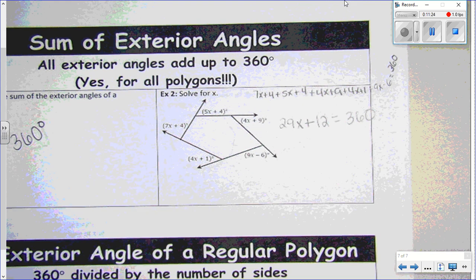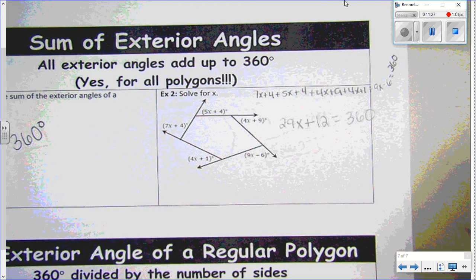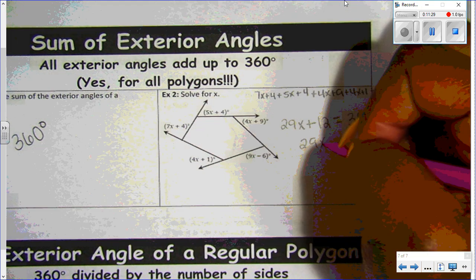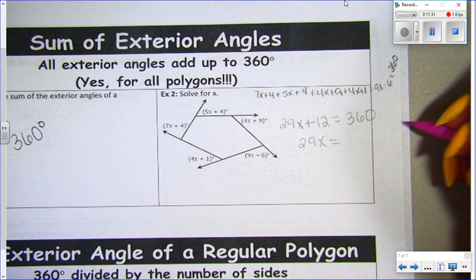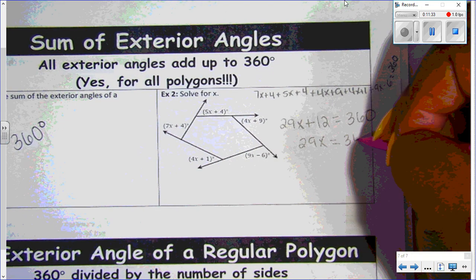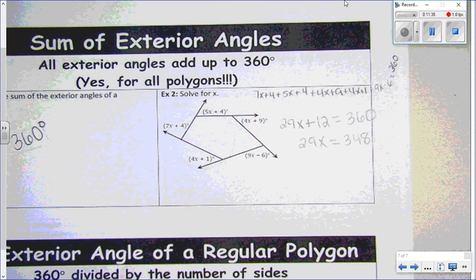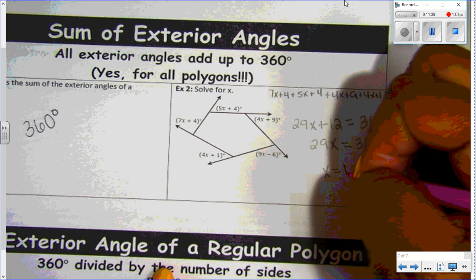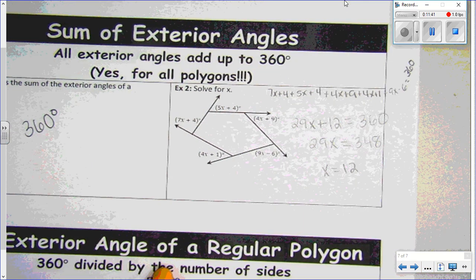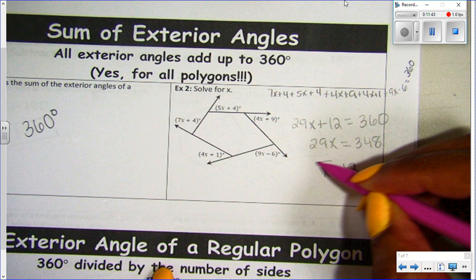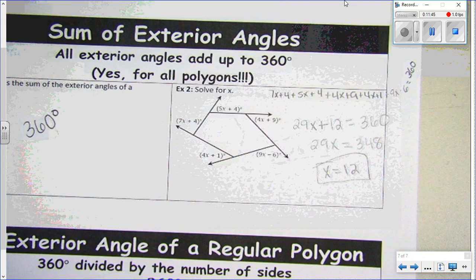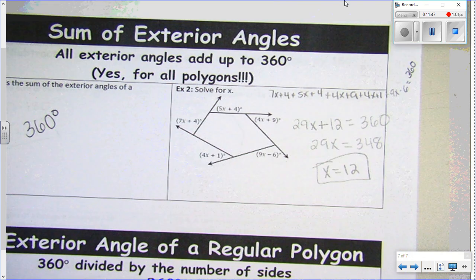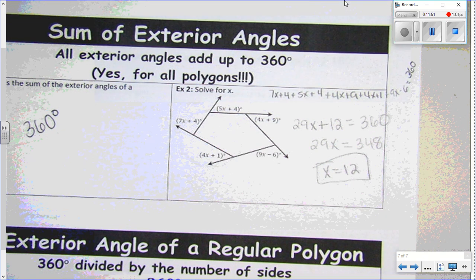So we're going to subtract 12 from both sides. 29x equals 348. And then divide both sides by 29. And you get x is equal to 12. And so those are the types of questions we're going to see when I ask for the sum of the exterior angles.